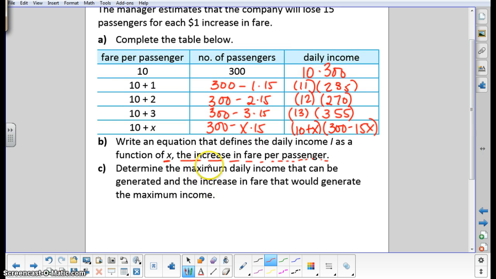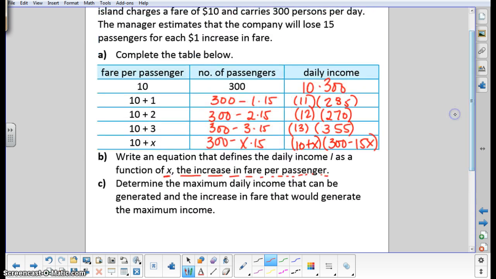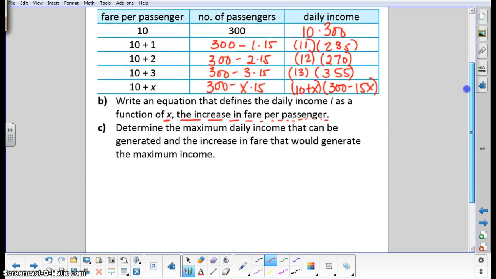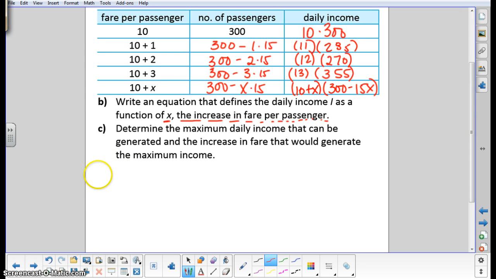Okay, so to determine the maximum daily income that can be generated and the increase in the fare that would generate that income. It doesn't give us many hints there, but we know from our chart that daily income, and let's just put that as a D, is equal to 10 plus x and 300 minus 15x.